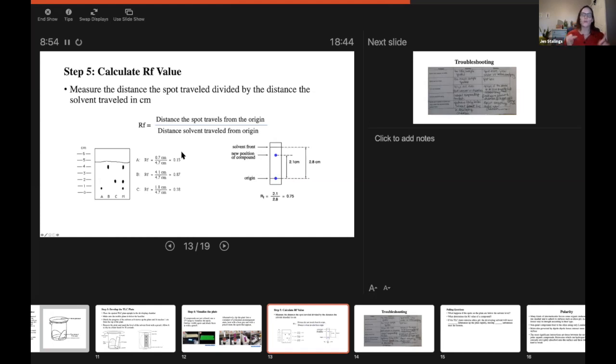If you know the polarity of your solvent, and you know that you're using silica gel, which is polar, you can look at simply the RF values and say, oh, A has a really small RF value compared to B. I know that A didn't travel as far. So I know that A must be polar and B must be less polar or non-polar. Awesome, good.